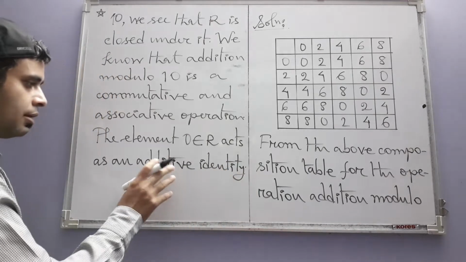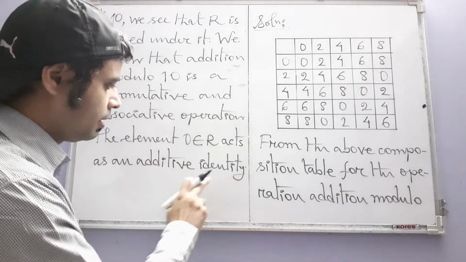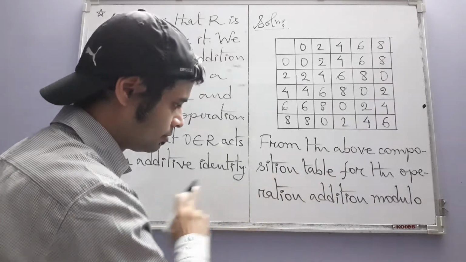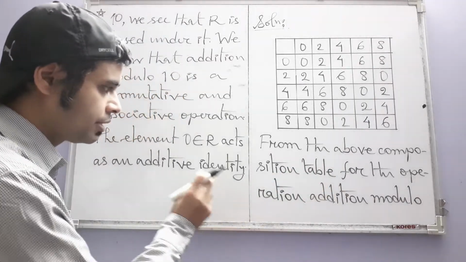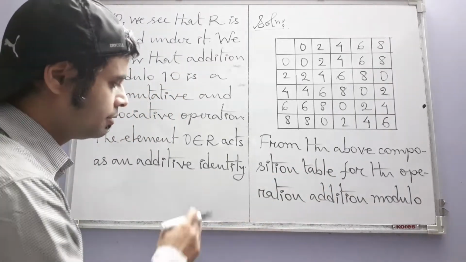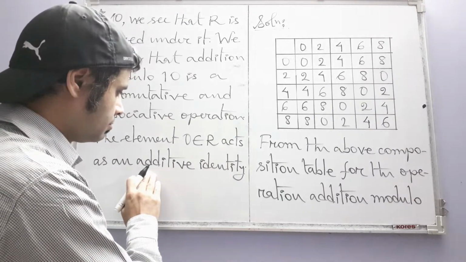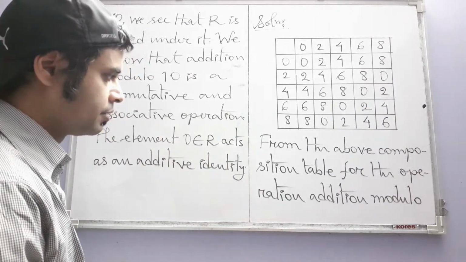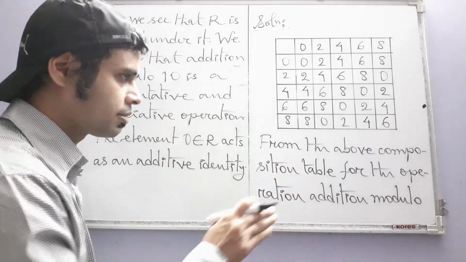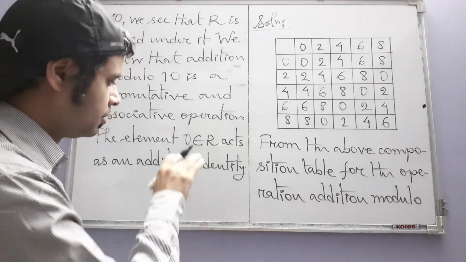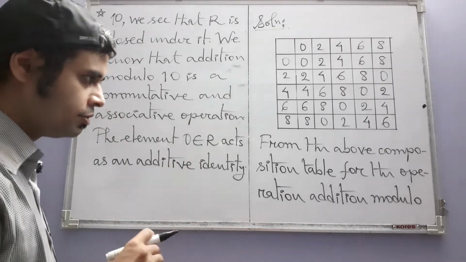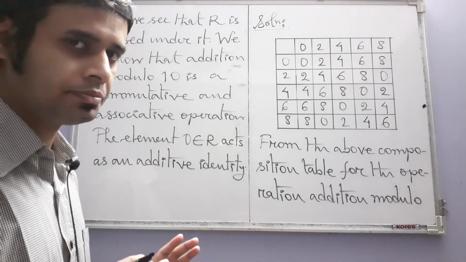Or if you feel a little weird about saying additive identity, although in the name addition modulo 10 we have addition, but still if you feel that we should not really write additive identity because we have not yet touched the operation multiplication, so as yet addition modulo 10 is just simply an operation.